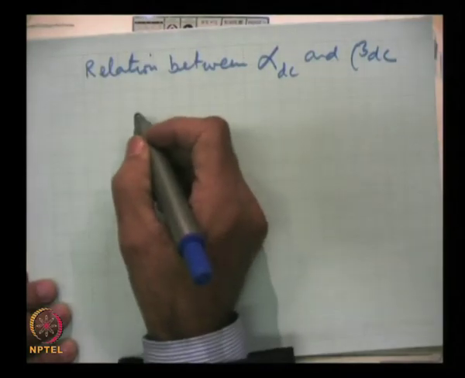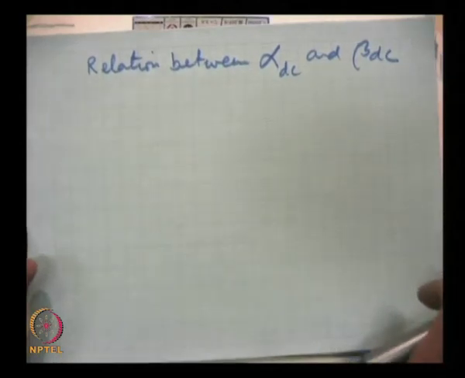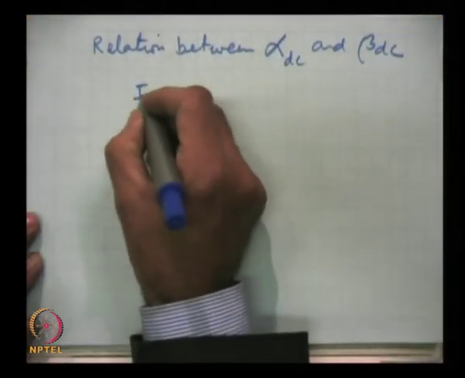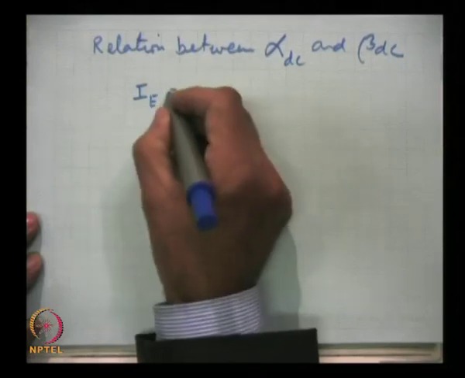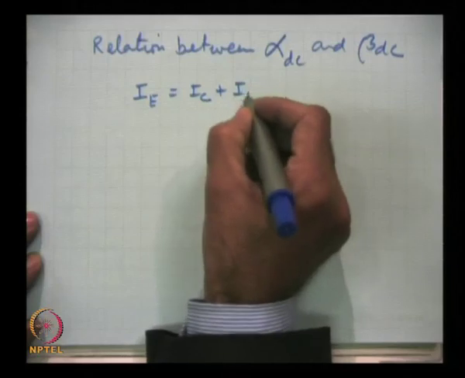The fundamental equation, that how the three currents are related in a transistor, this we know that fundamental relation is IE is equal to IC plus IB.